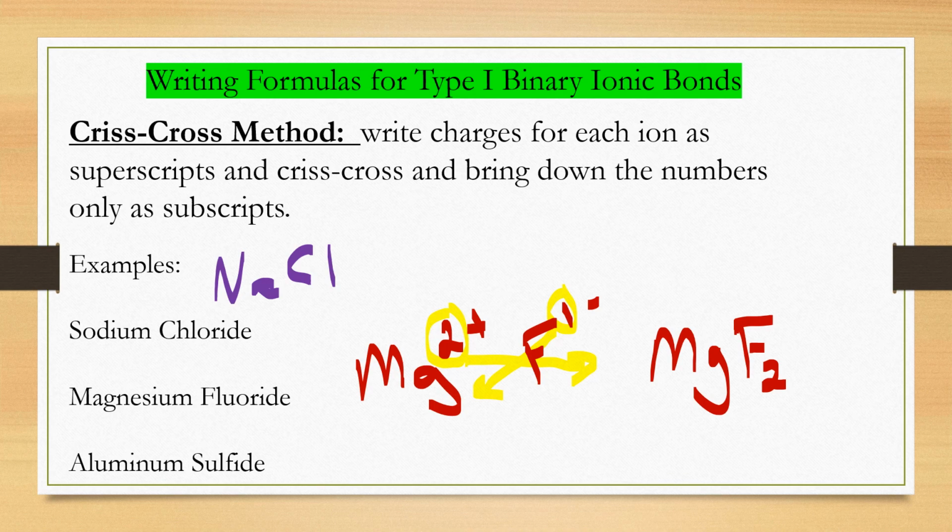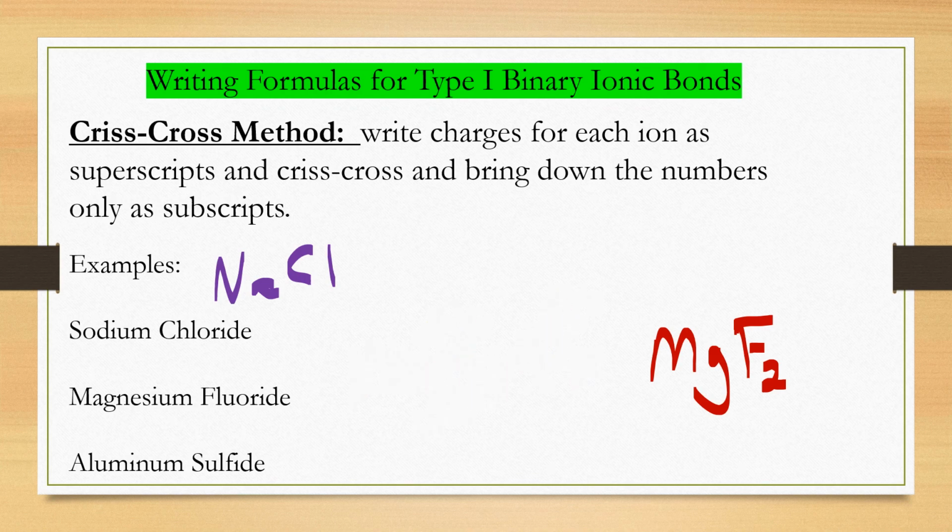So that's your crisscross. Let's do the same thing for aluminum sulfide. So aluminum, looking at your 1, 2, 3 skip, 3, 2, 1 zip, has a 3 plus charge. Sulfur, 1, 2, 3 skip, 3, 2, 1 zip, has a 2 minus charge.